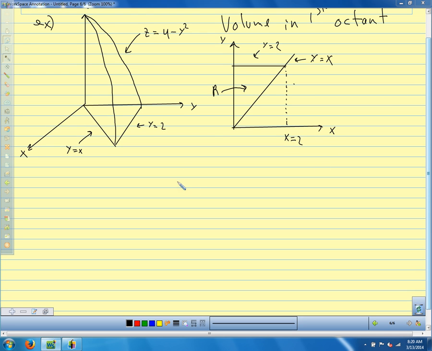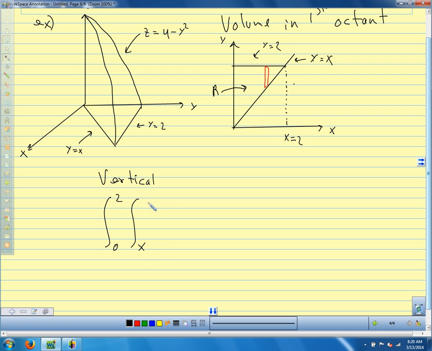Let's do our vertical rectangles. So here is my vertical rectangle. My outer integral, x, is going to vary from 0 to 2. y is going to vary from what to what here?